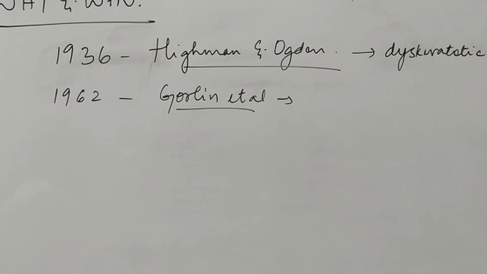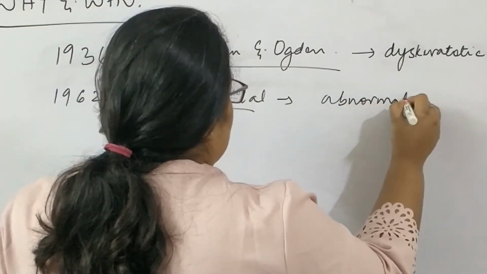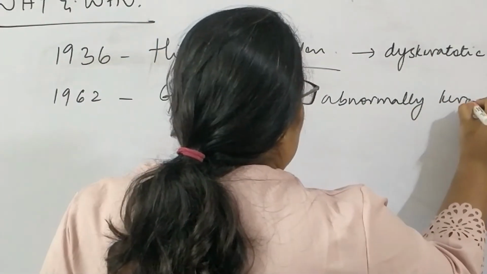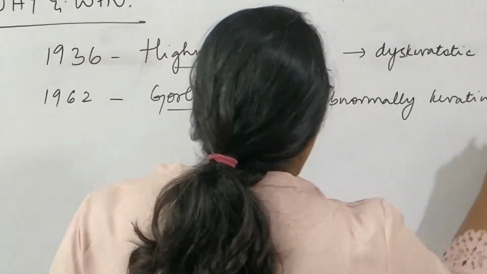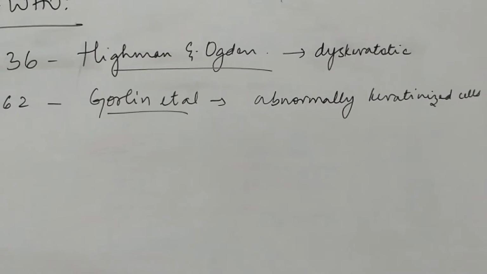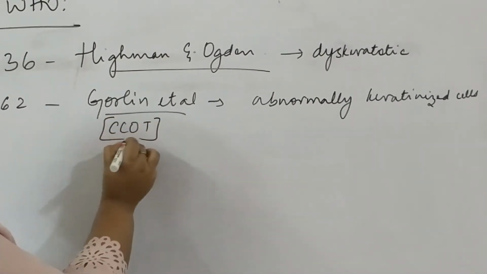And what they thought ghost cells were was abnormally keratinized cells. Okay, so they had first seen it in the CCOT, calcifying cystic odontogenic tumor.